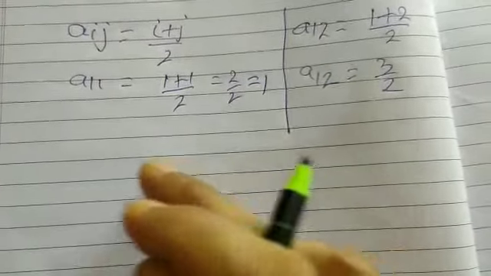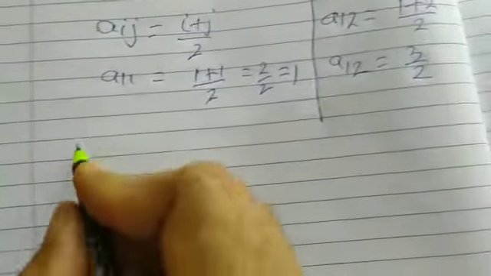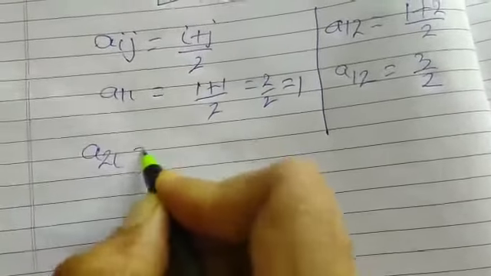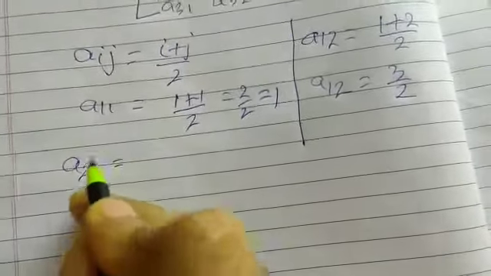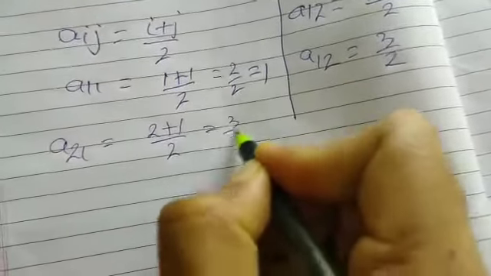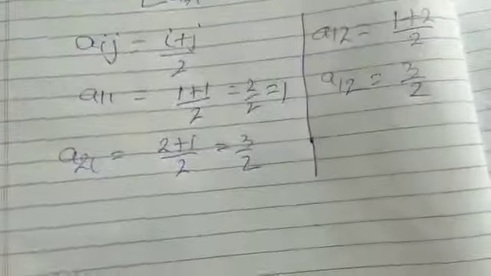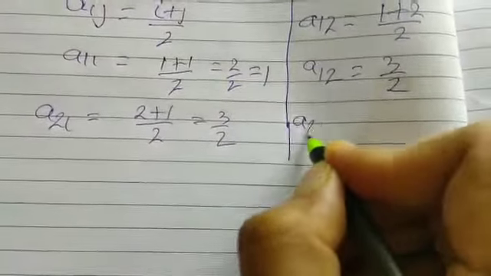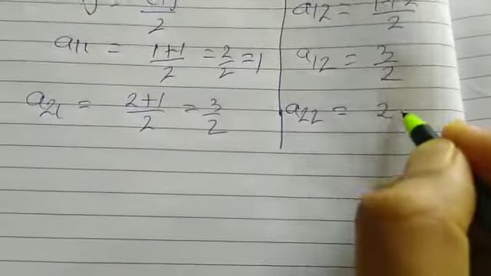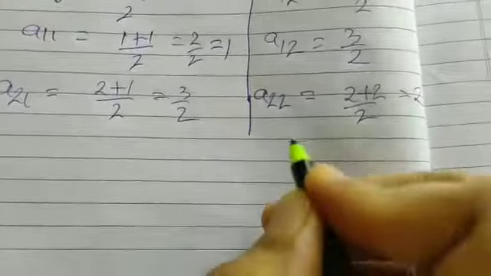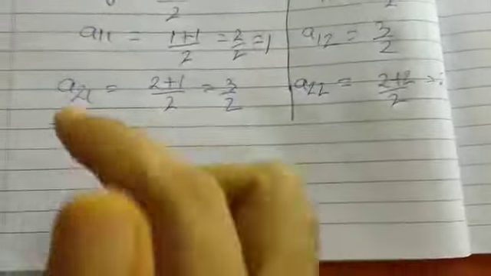Now students, let us go for the first element of the second row. A21: again i and j, so (2 plus 1) by 2 equals 3 by 2. Now let us go for A22. A22 equals (2 plus 2) by 2, that is 4 by 2, so the answer is of course 2.